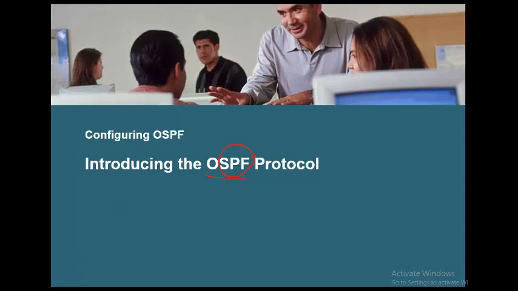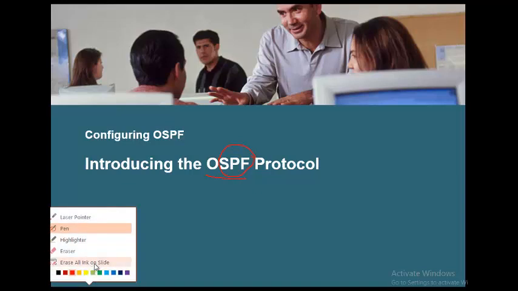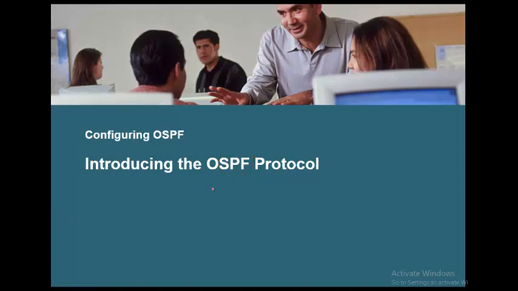What is the other routing protocol that uses the SPF algorithm? It is Intermediate System to Intermediate System. So both these protocols use the same algorithm to find the best path, and the algorithm is Shortest Path First.